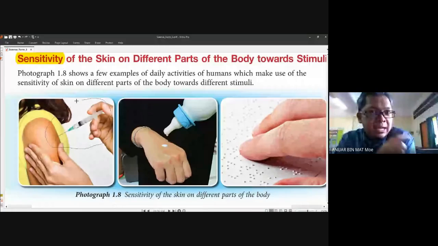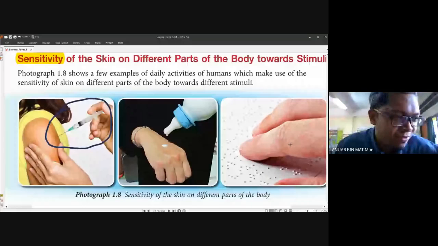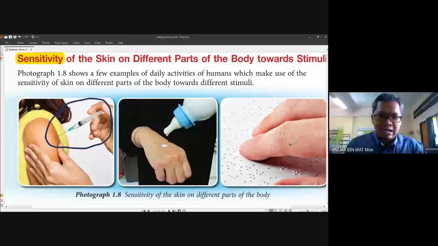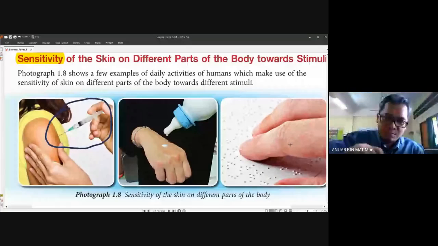Lagi satu di mana dia selalu cucuk? Dia selalu cucuk di mana? Batok, di bahagian punggung bawah itu pun dia selalu cucuk di situ. Because why? It is very less sensitive at the buttock.